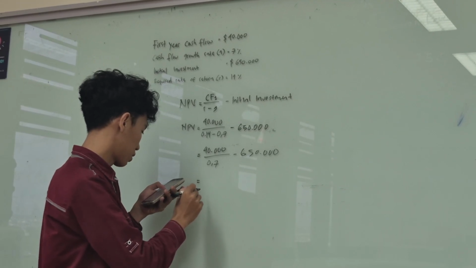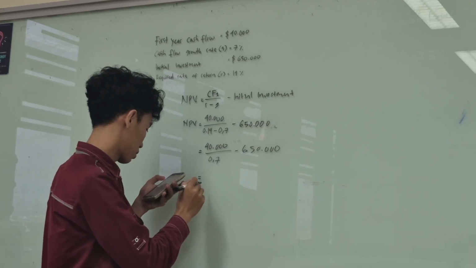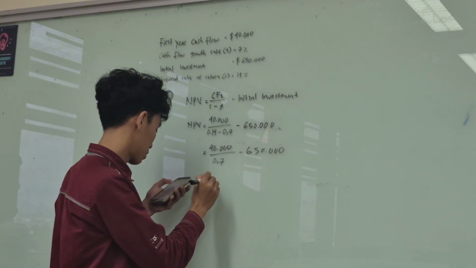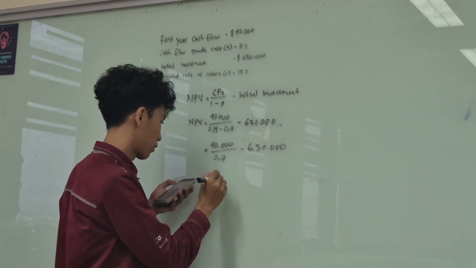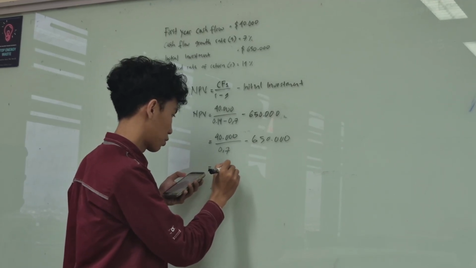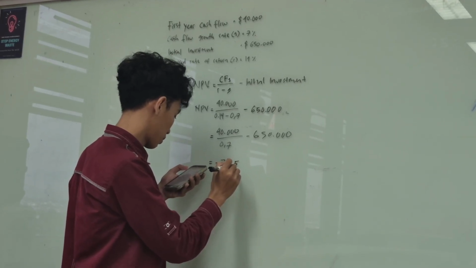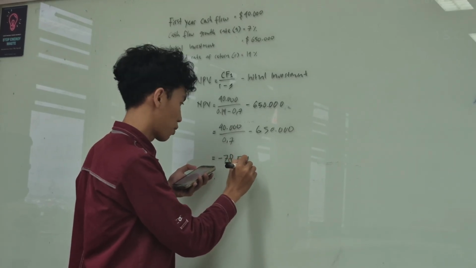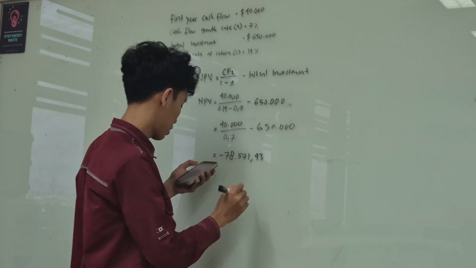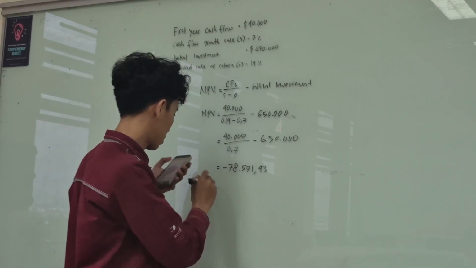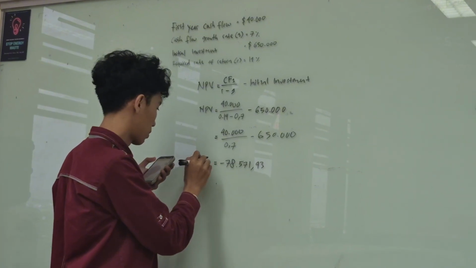The calculation is minus 78,571.43, and this is the NPV.